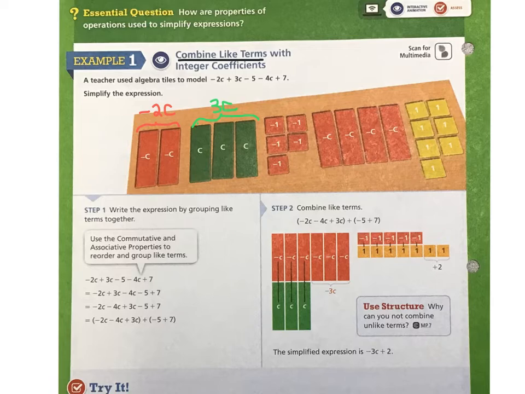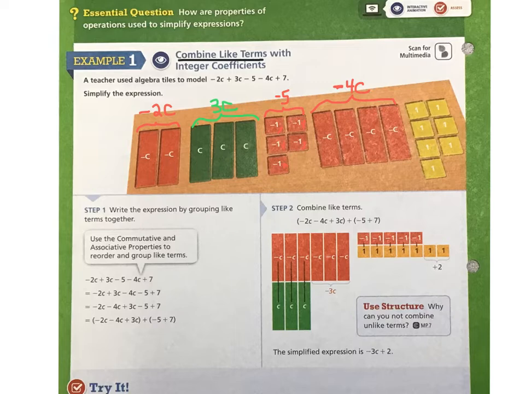Then again, we have some tiles that have -1 on them. And those tiles, when you count them up, 1, 2, 3, 4, 5. So you have -5. Then you have some more tiles with c on them, and you'll notice that there are 4 of them. So that means -4c.